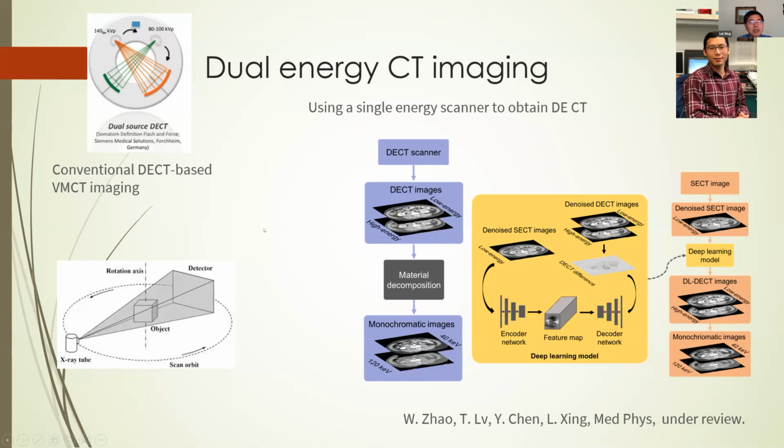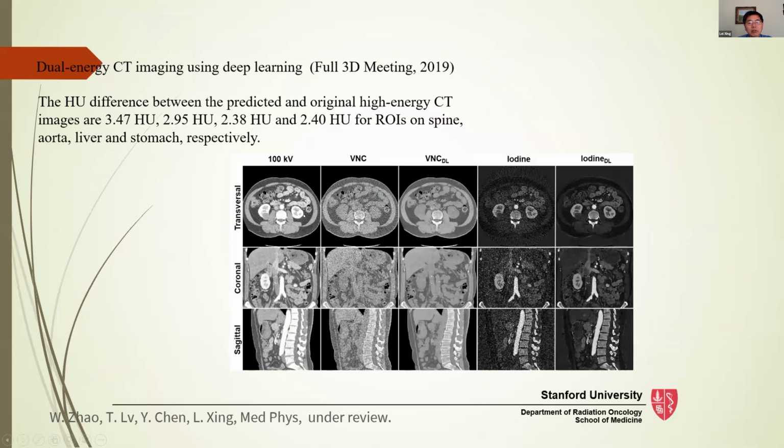This is another one related to reconstruction. You can actually use a single energy CT, which is much cheaper and widely available, to derive a dual energy CT, which is very expensive and also has a lot of technical issues. So deep learning really brings a lot of free lunch to us.